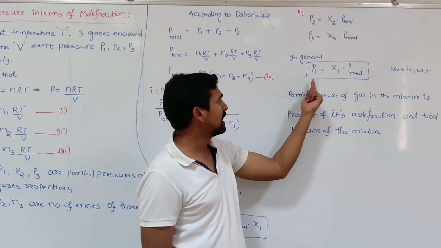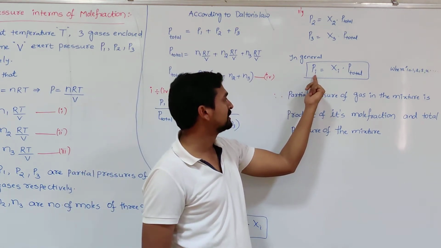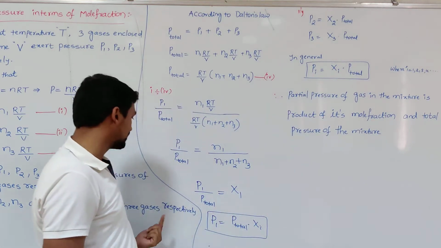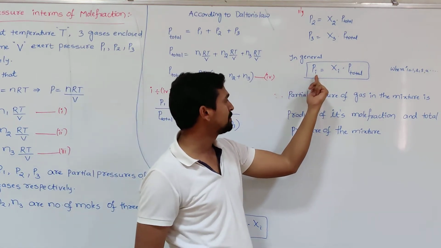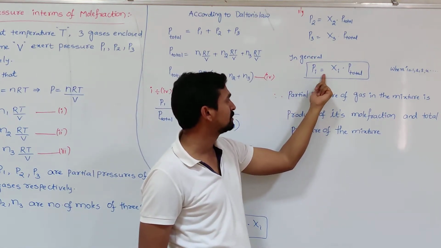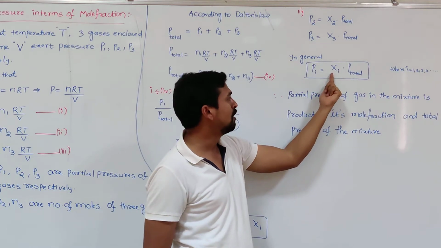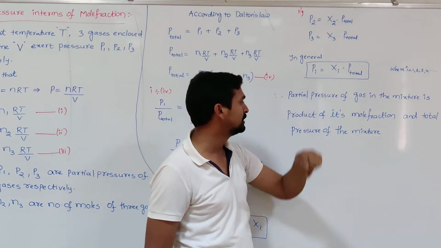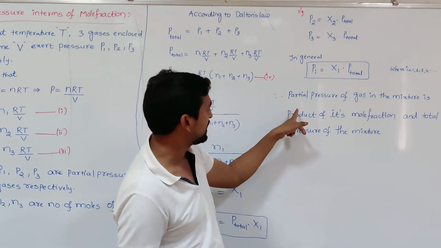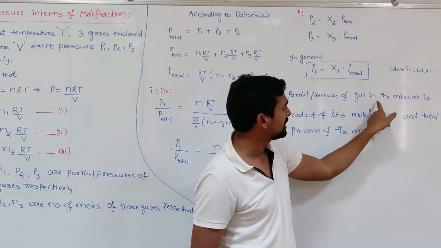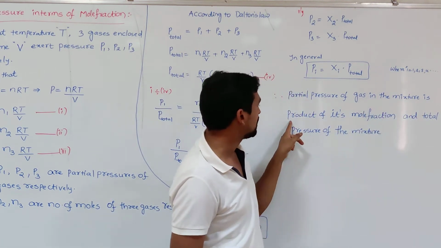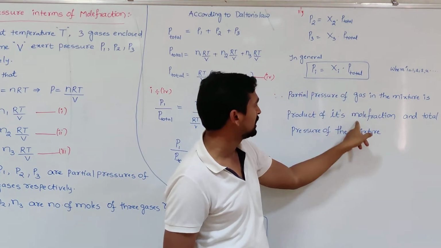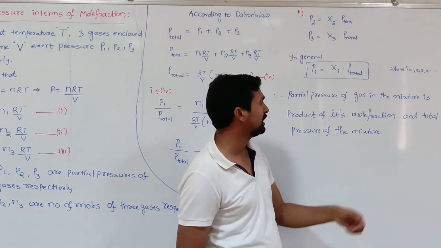Now, the partial pressures are Pi, P1, P2, P3. The partial pressure of any gas is equal to the product of the mole fraction of that gas and the total pressure. Partial pressure of a gas in the mixture is always the product of its mole fraction and the total pressure of the mixture.